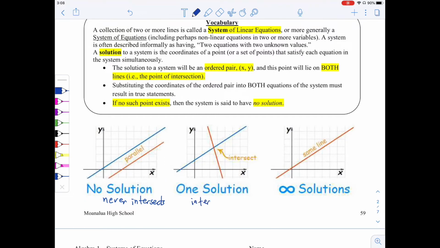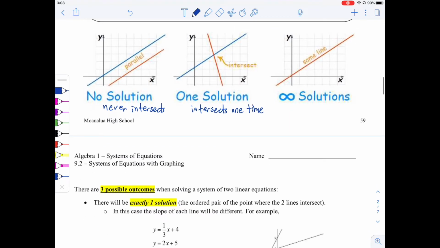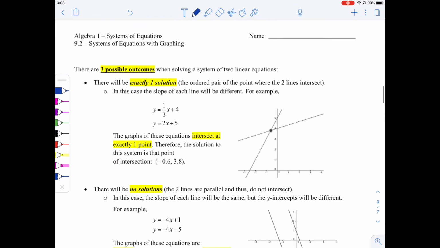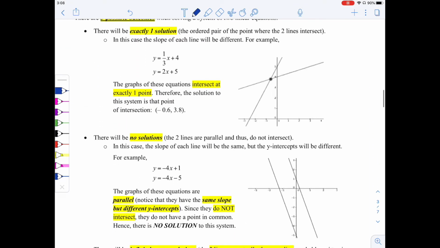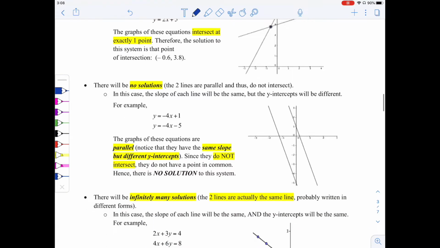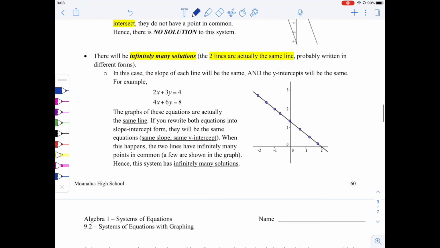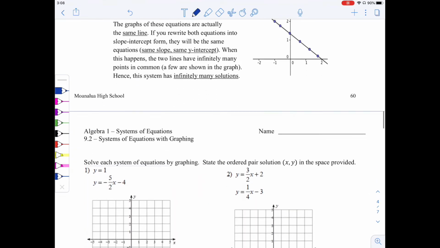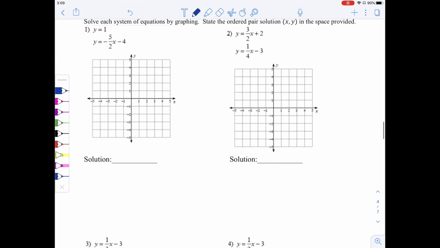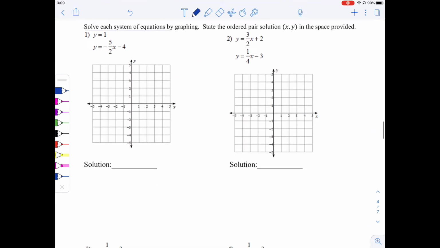This intersects one time. And this is infinite solutions, same line. If it's the same line, there's an infinite amount of solutions. So you have 3 outcomes: one solution, no solutions, infinite solutions. You should be able to tell which one each one is.